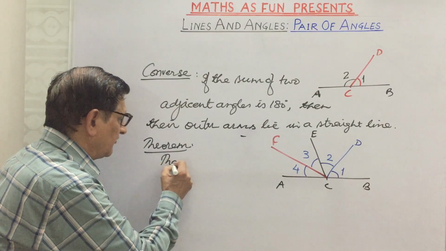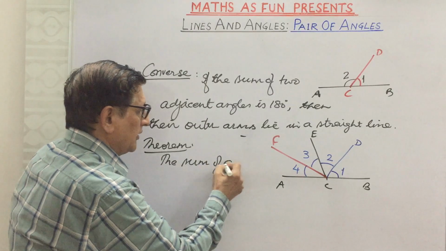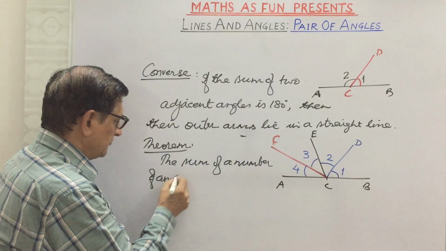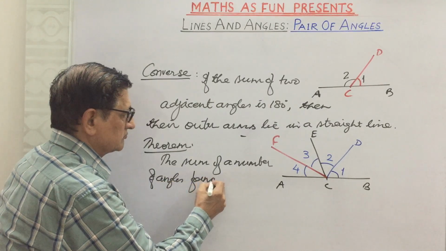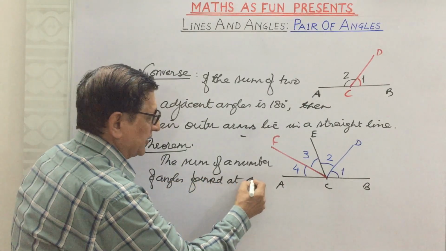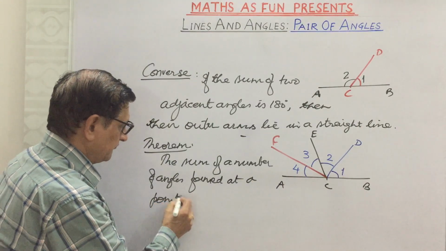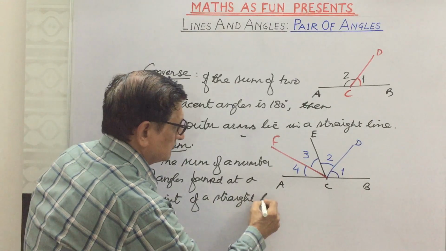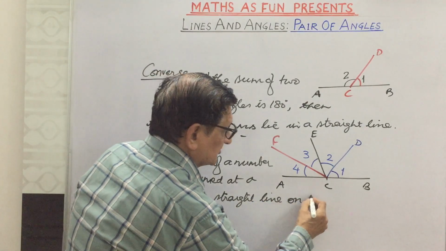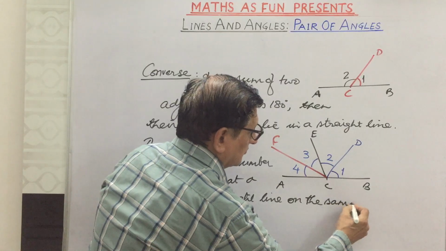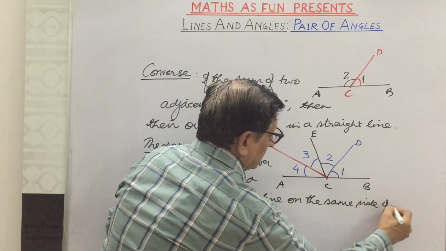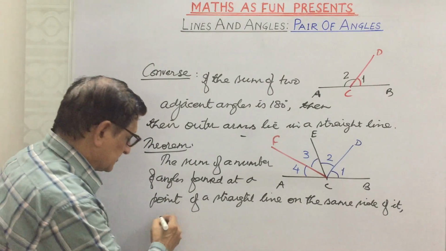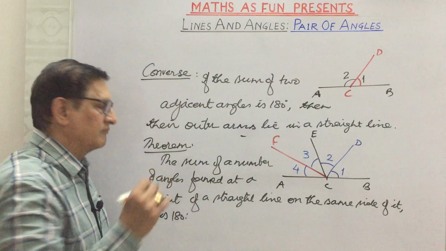The sum of a number of angles formed at a point of a straight line on the same side of it is 180 degree.